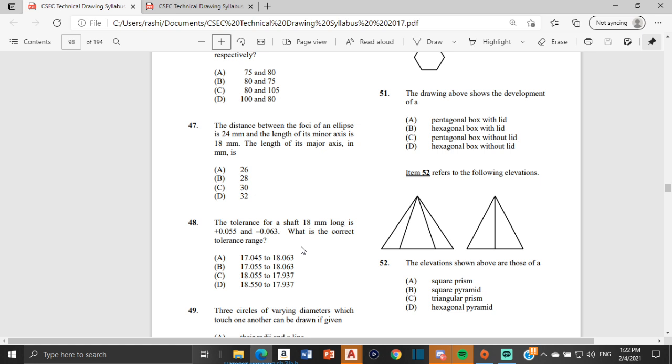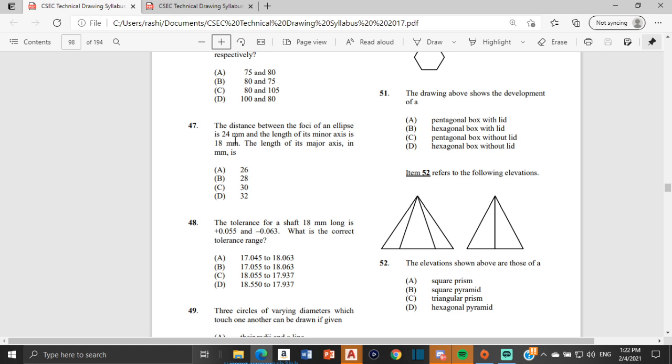Number 47 says the distance between the foci of an ellipse is 24 millimeters and the length of its minor axis is 18 millimeters. The length of its major axis in millimeters would be... let's see.